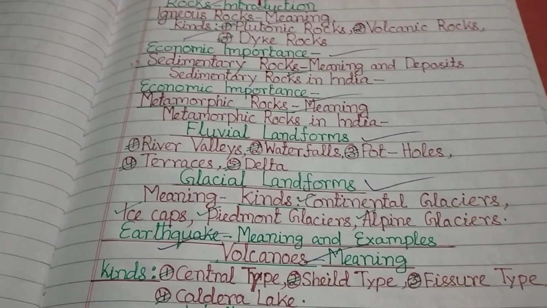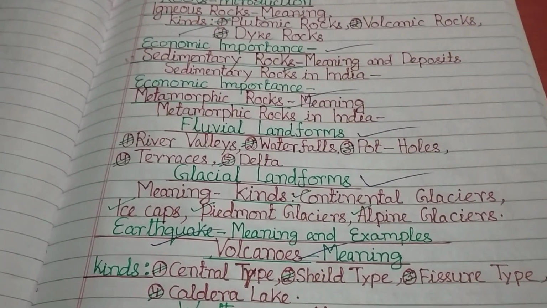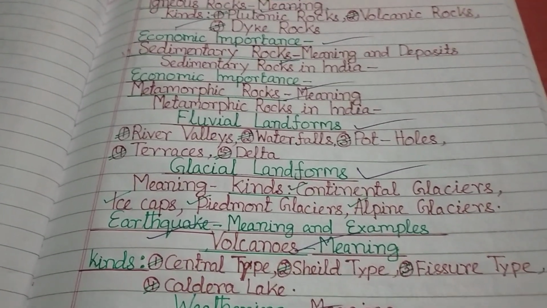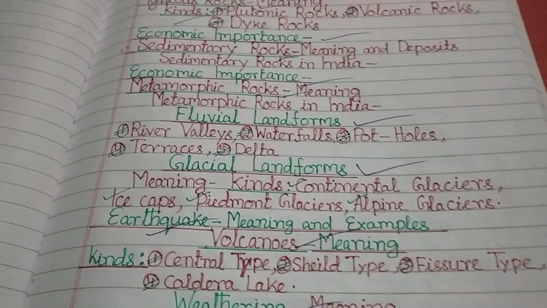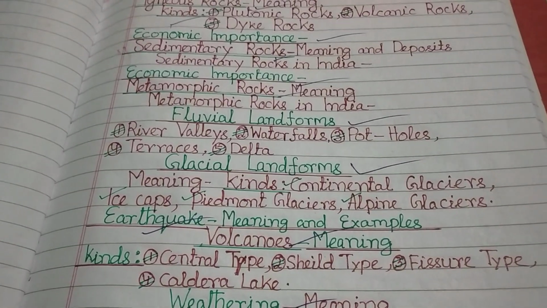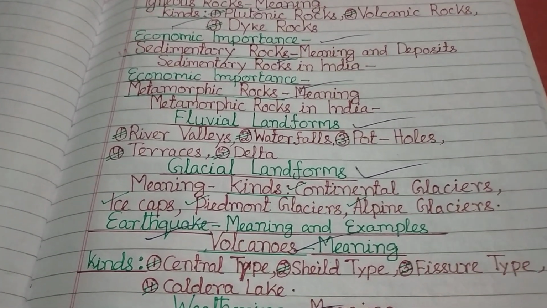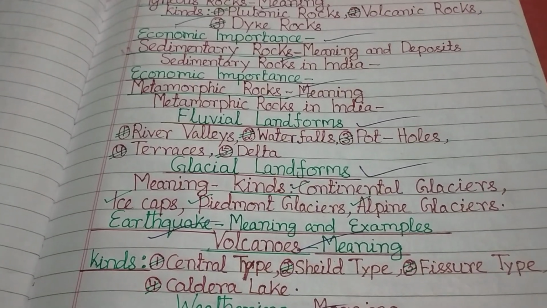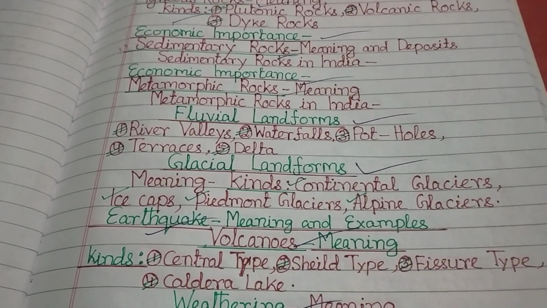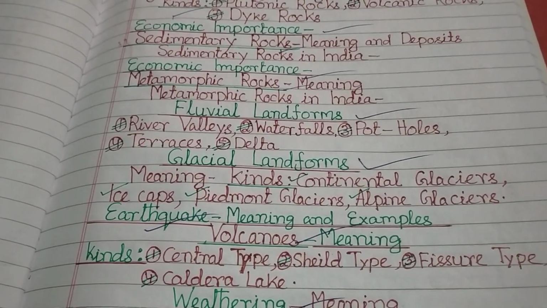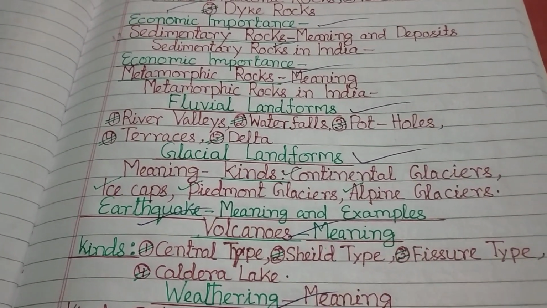Rocks are the main constituent of the Earth's crust. A rock may be defined as any mass of natural deposit present in the solid mass of the Earth's crust. Most rocks are made of aggregates of minerals.